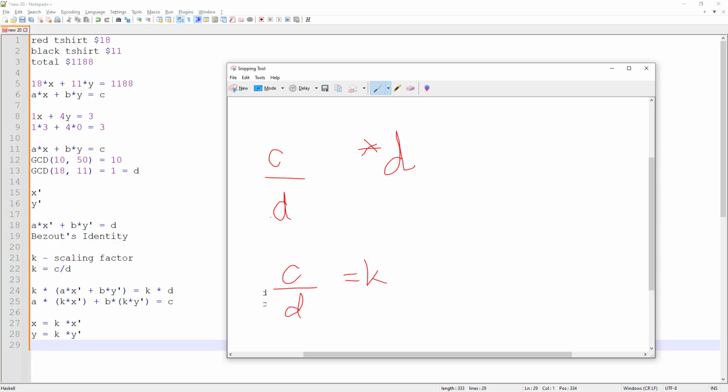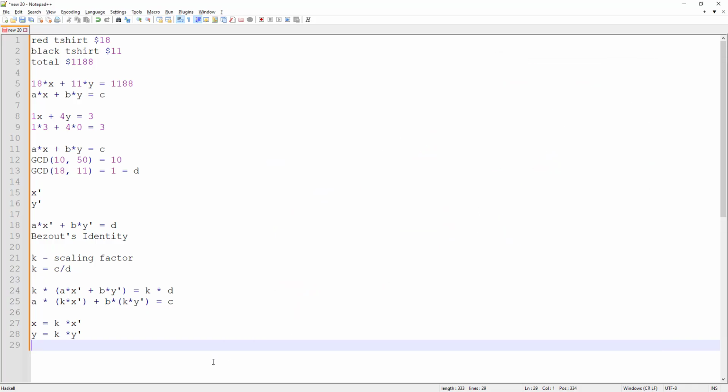So we had k times d, and then we neutralize these two, and then we get simply a c. So that's why k times d equals c. Just FYI. Hope you understand it so far.